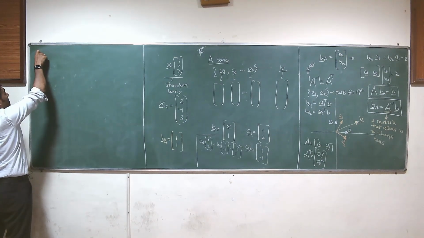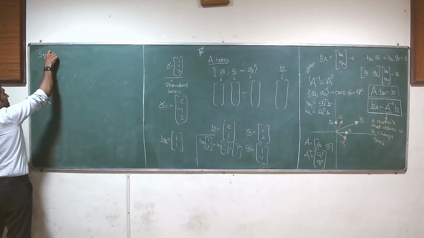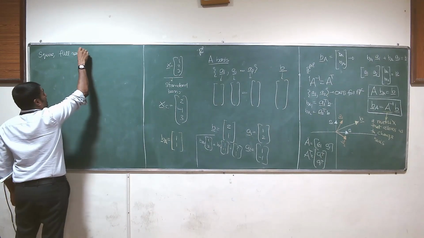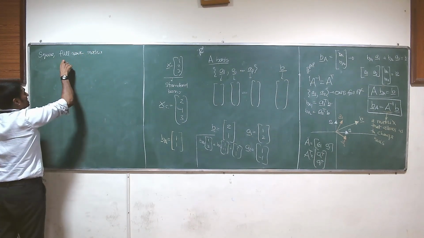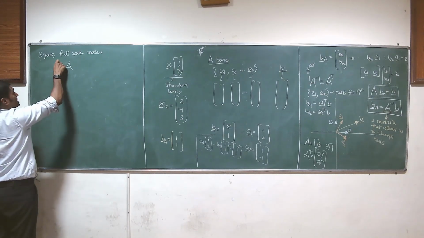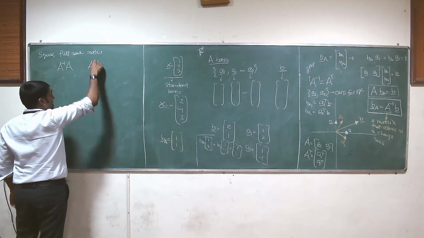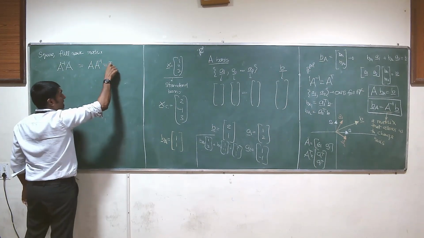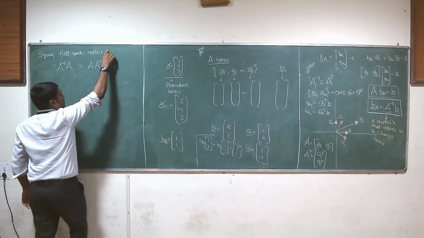Now, so far we've only looked at inverses for square matrices, and when we have a square full rank matrix, then we said A is a square full rank matrix. Then we said there is a unique inverse such that if you multiply it on the left or if you multiply it on the right, both of them will be equal and both of them will give you I. Okay.